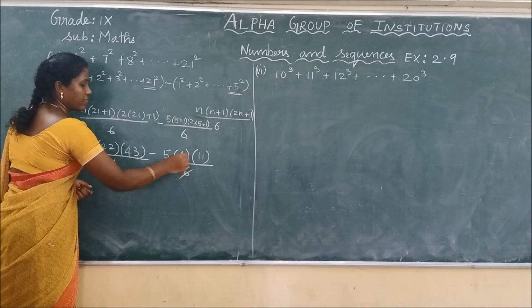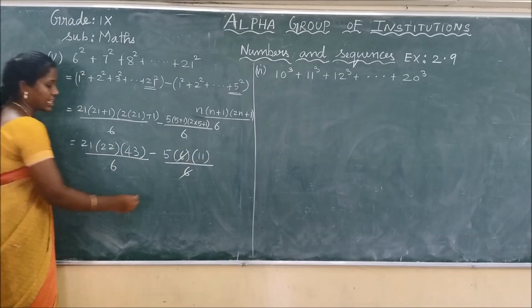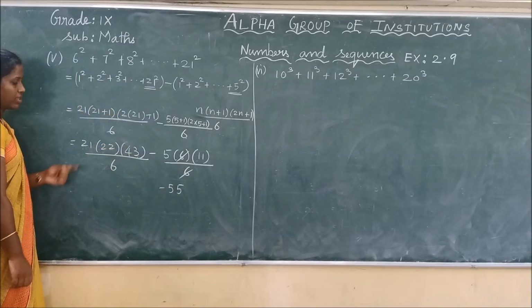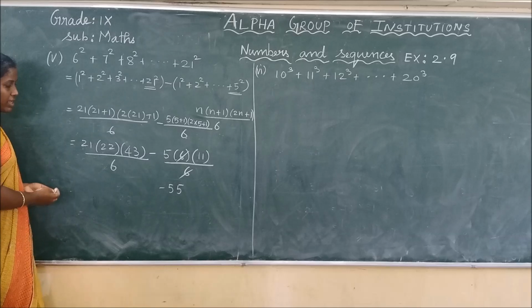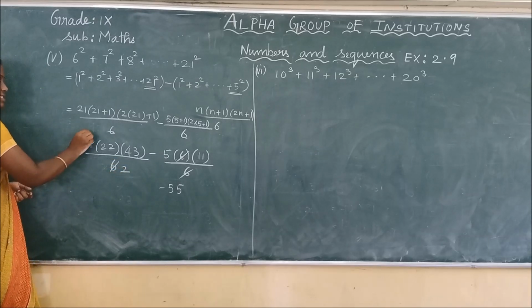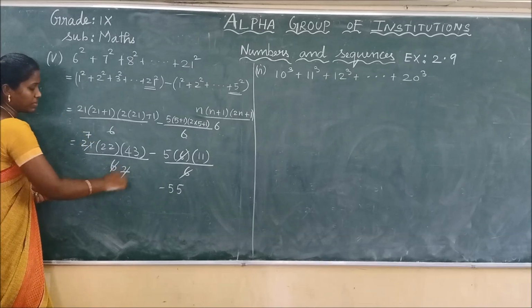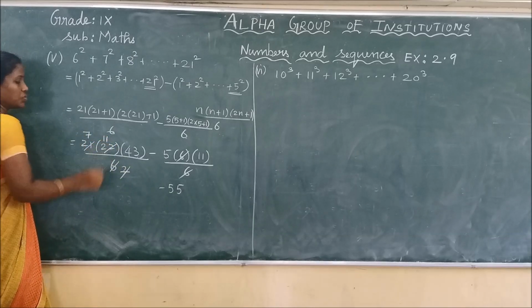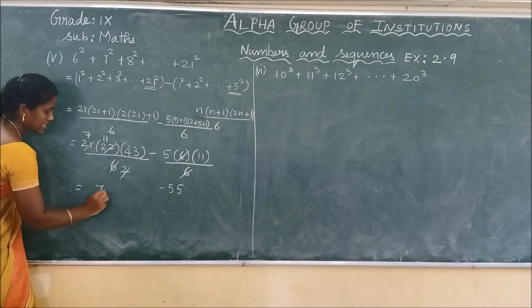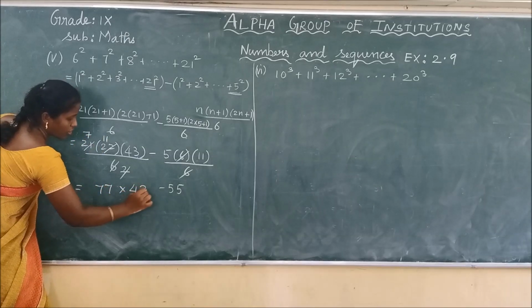First, here if I cancel 6 and 6 directly, the value is minus 55, since 11 into 5 is 55. Here we have to simplify: 2 3s are 6, 7 3s are 21. If I simplify, 1 into 2 is 2, 11 into 2 is 22. So the running value is 7 into 11 is 77, into 43.